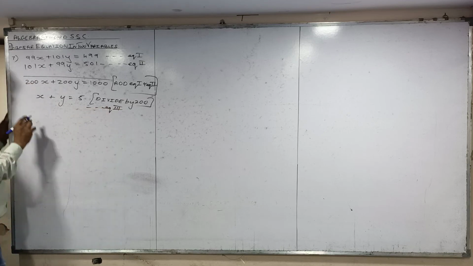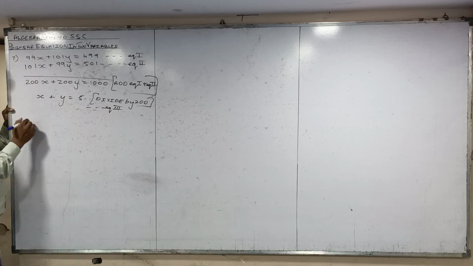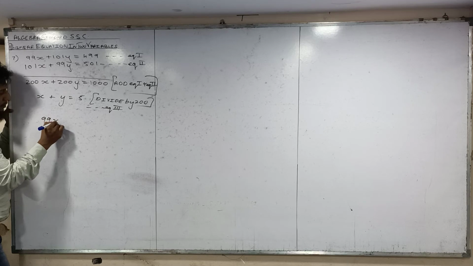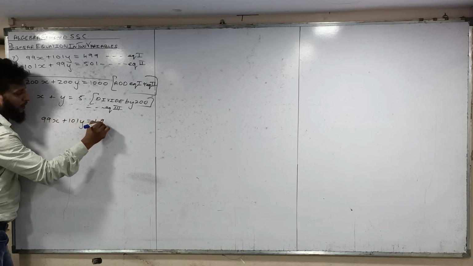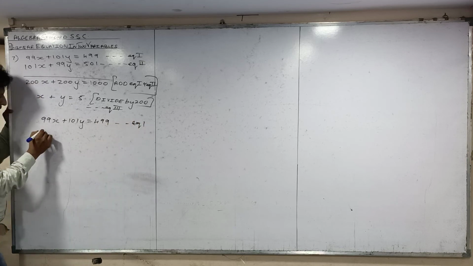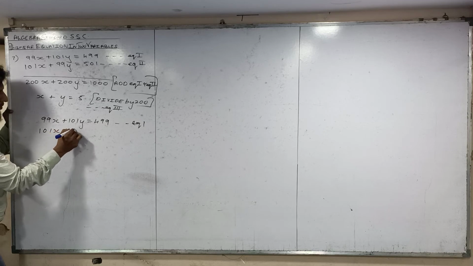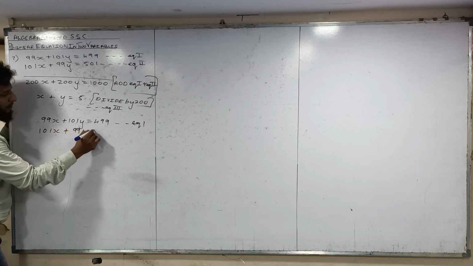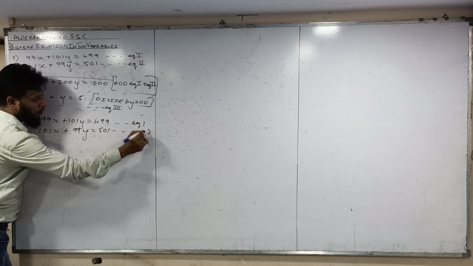Now again take these equations. One time we have added, now we'll subtract. 99x plus 101y is equal to 499. This is our equation 1. 101x plus 99y is equal to 501, equation 2.